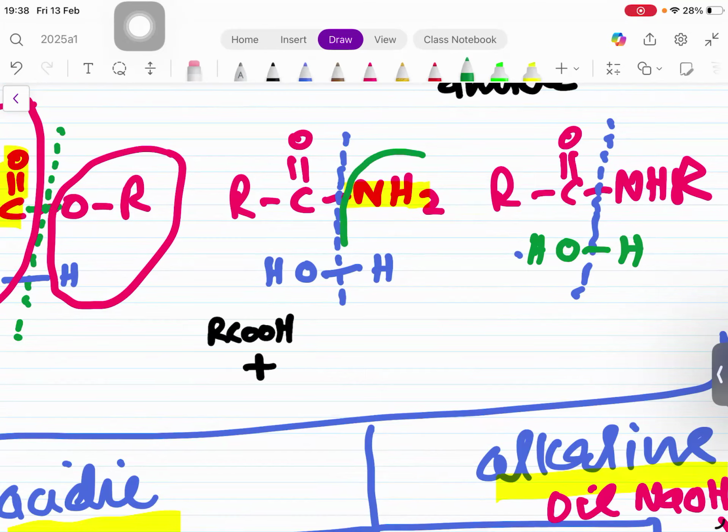But when you have an acidic hydrolysis, we understand NH3 is a base. So as soon as it is formed in an acidic solution, it turns into NH4+, the ammonium ion. And it depends which acid you are using. If it's dilute HCl, ammonium chloride will be formed. If it is sulfuric acid, ammonium sulfate will be formed.